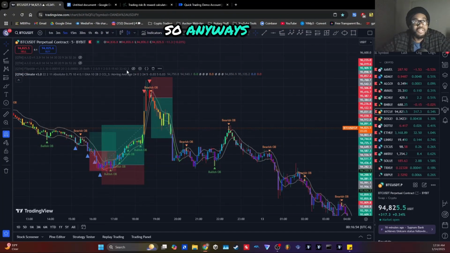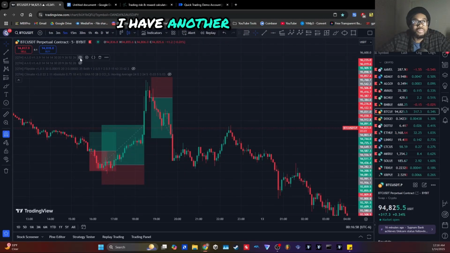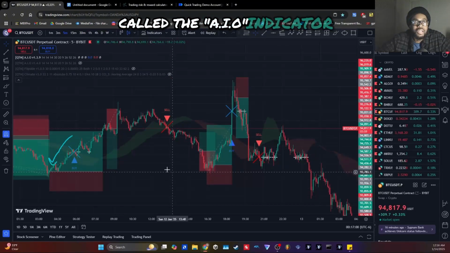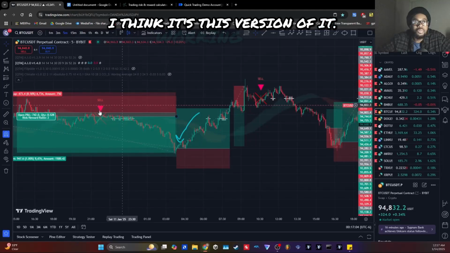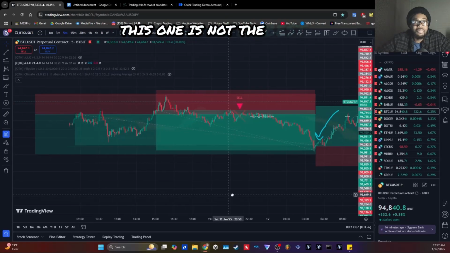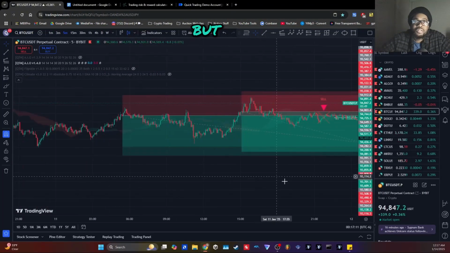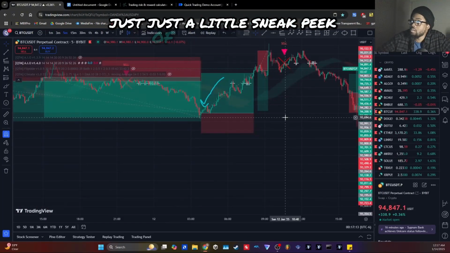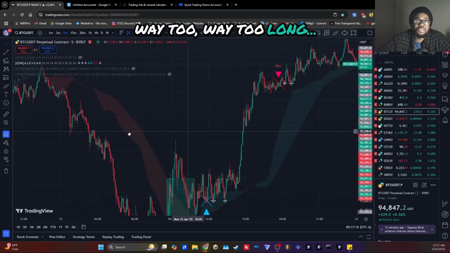So anyways, Climate, Flipside, working on it. I have another one that I'm working on called the AIO indicator. Actually, I think it's this version of it. Working on it. This one is not the best. I'm still working out the kinks on this one, but just a little sneak peek of what's to come.